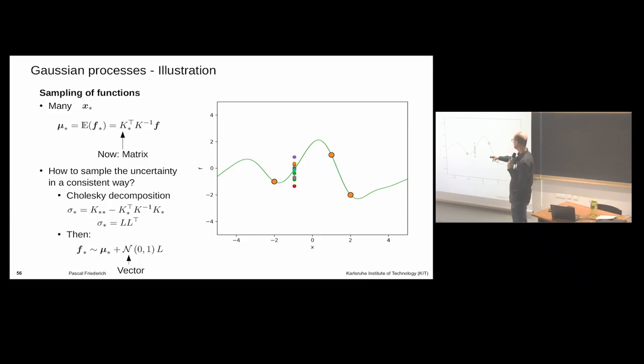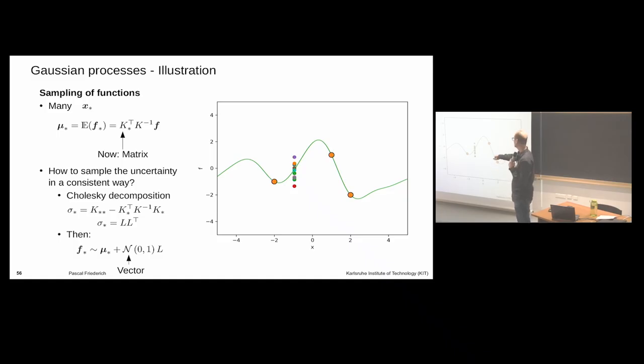I will not go into details, but you can in principle use that kernel matrix here and do something that's like a square root of a matrix. That's this Cholesky decomposition. So you get this L matrix here, and you assume that the sigma is basically the square of this L matrix. And with that, you can do a trick where you sample entire functions.